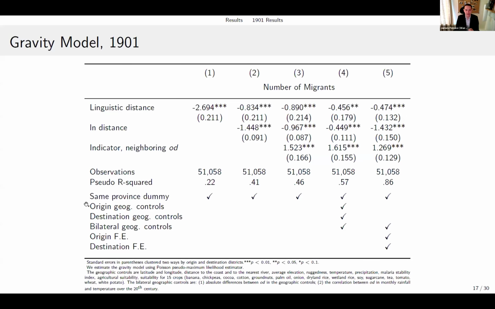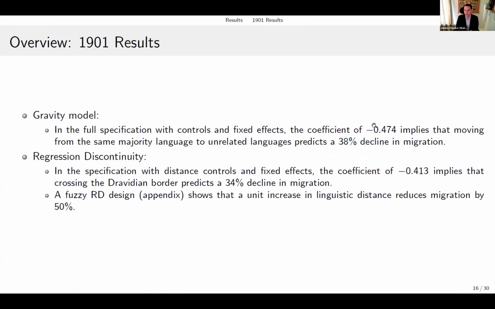If we then add in either geographic characteristics of the origin and destination, or if we have their geographic dissimilarity and fixed effects for origin and destination, the coefficient settles down to about negative 0.47. What does that mean? Well, in a Poisson world, if we were going to go from having the same majority language, we both speak Hindi, to speaking two unrelated languages, migration would fall by about 38%.